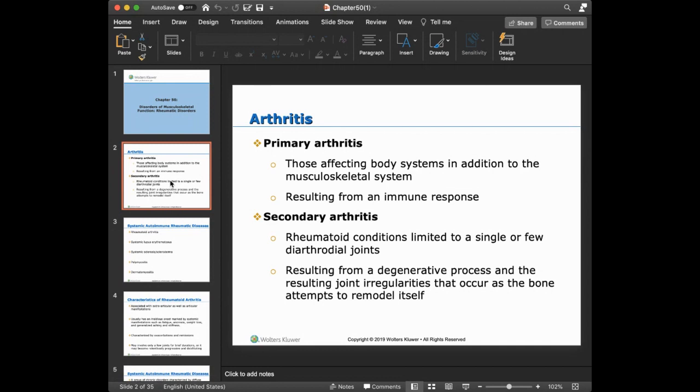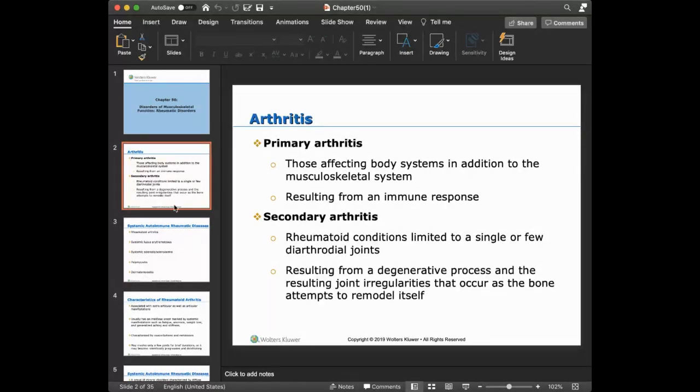Secondary arthritis is typically limited to a single joint and comes from a degenerative process related to use of the bone. So you can develop arthritis in one knee. I developed arthritis in my right thumb joint, strangely, just from typing and writing and overuse of the joint.